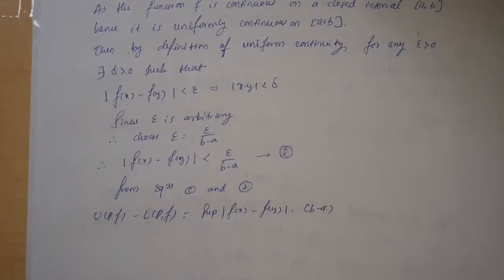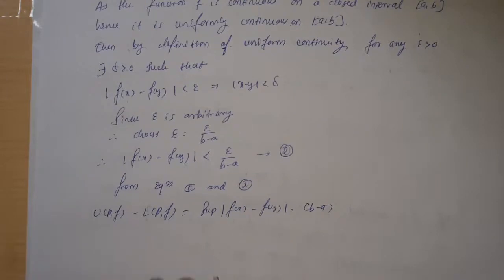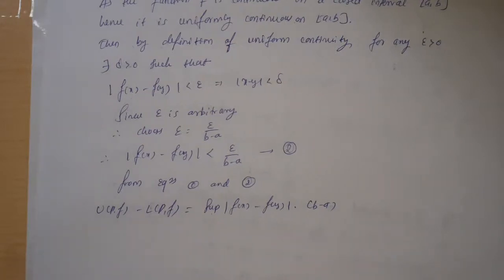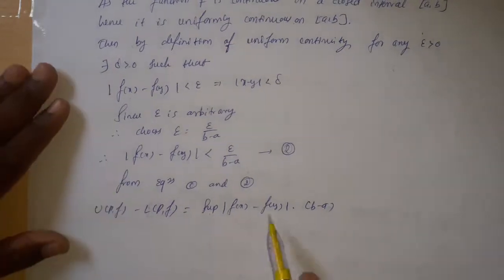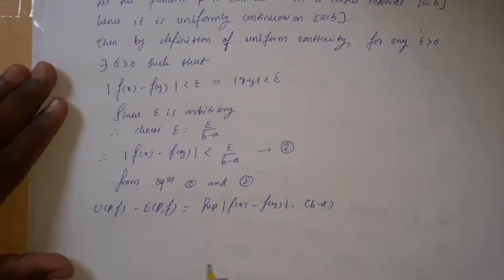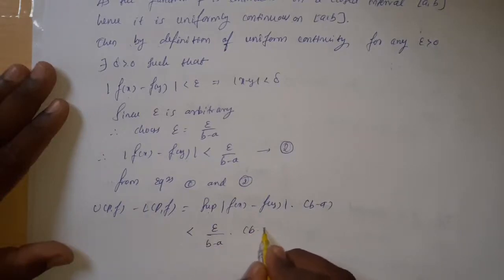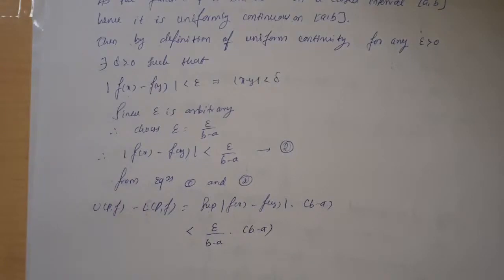And here we got the value for |f(x) - f(y)|, and this is the supremum. Supremum means the upper bound. So this f(x) minus f(y) is less than epsilon divided by b minus a, into b minus a.